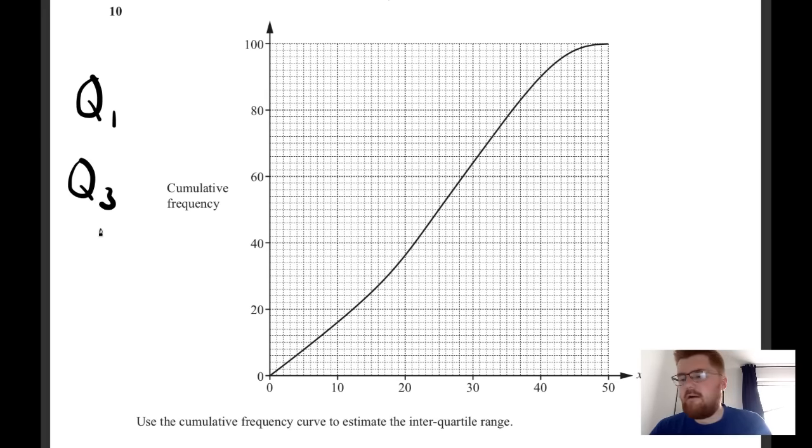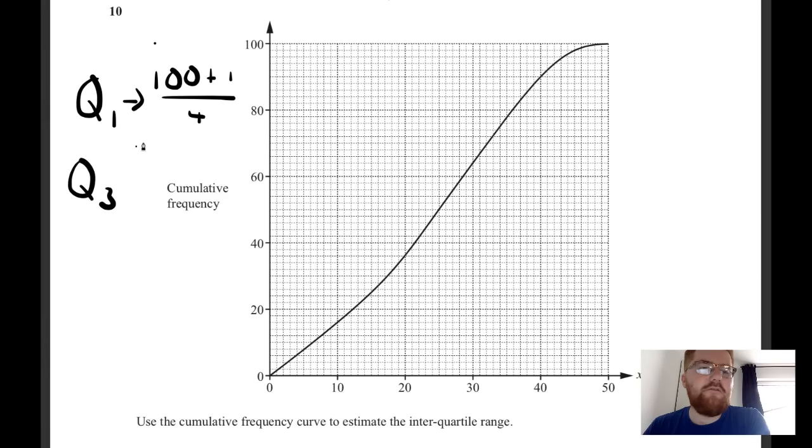Now, to work out where we actually read off the graph, some people will add 1 and then divide by 4. That's what you should do. On this particular graph, it might be easier to just read it off. But you should do 100 plus 1 divided by 4 for the lower quartile, strictly speaking.